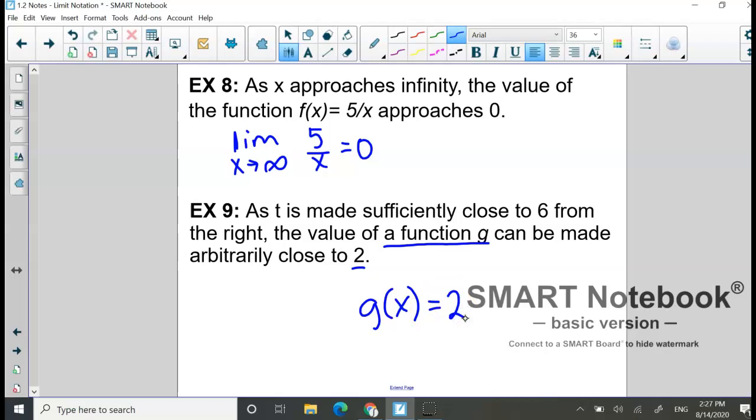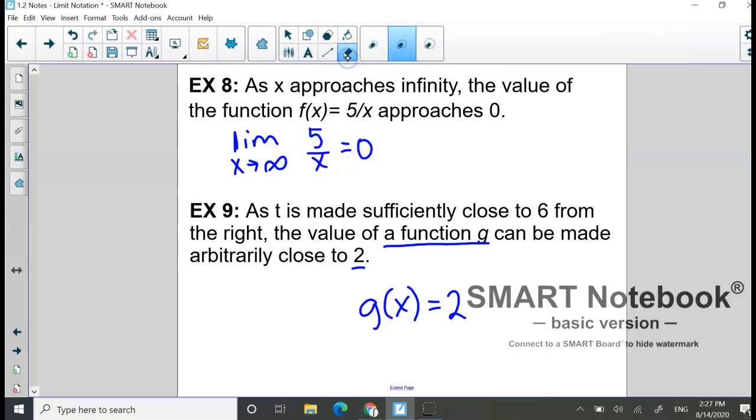And actually, I've made a mistake here because notice we don't have an x in this problem. So instead of calling that function right there g of x, I should call it g of the variable that we have in this problem, which is right here. It's that t. So we would say the limit as t approaches 6 of g of t equals 2.